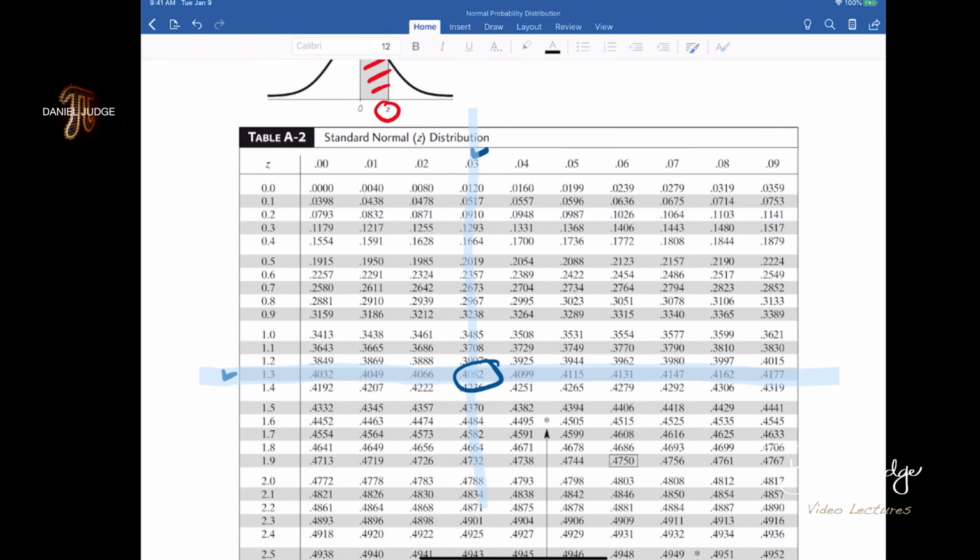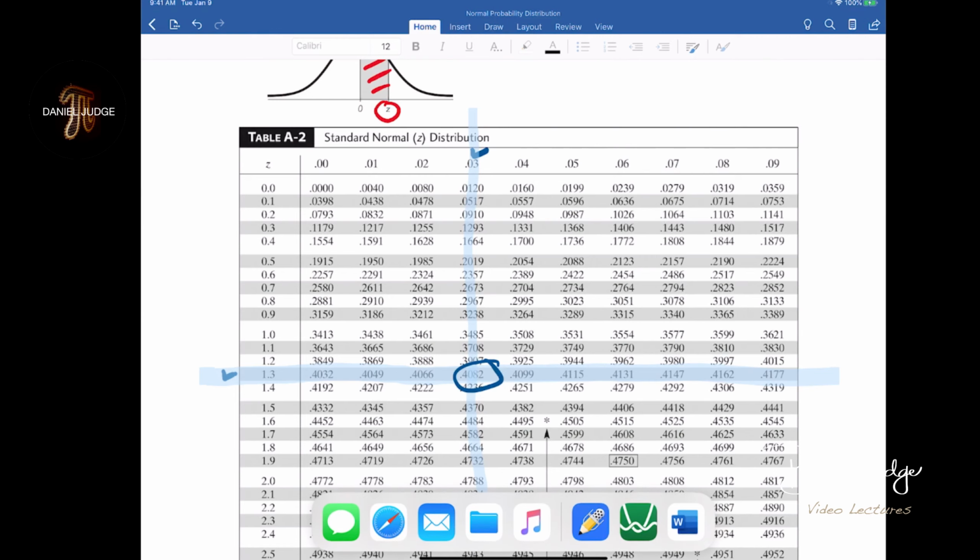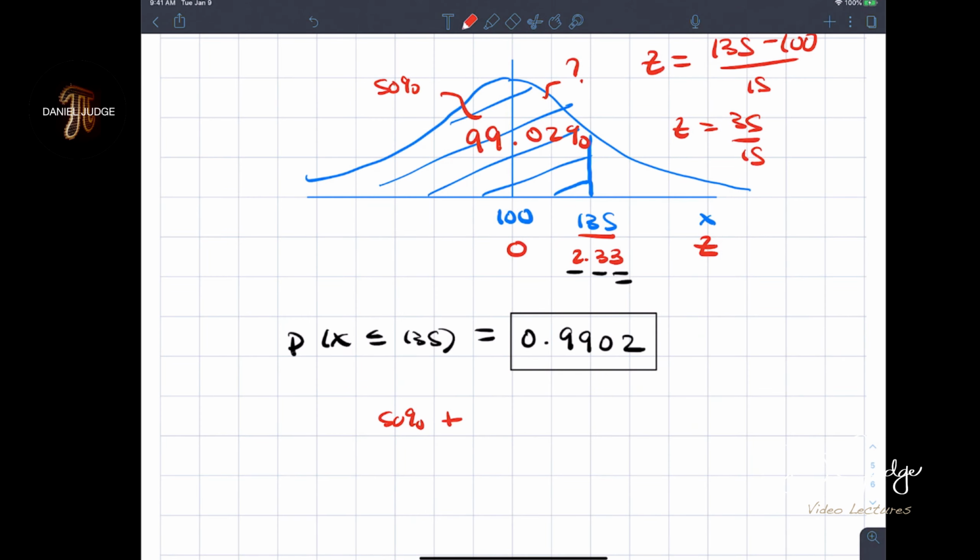I can see the 2.3 row, 0.3 column. It's actually going to be 0.4901 here. It's 4901. Anyway, 2.33, 4901.